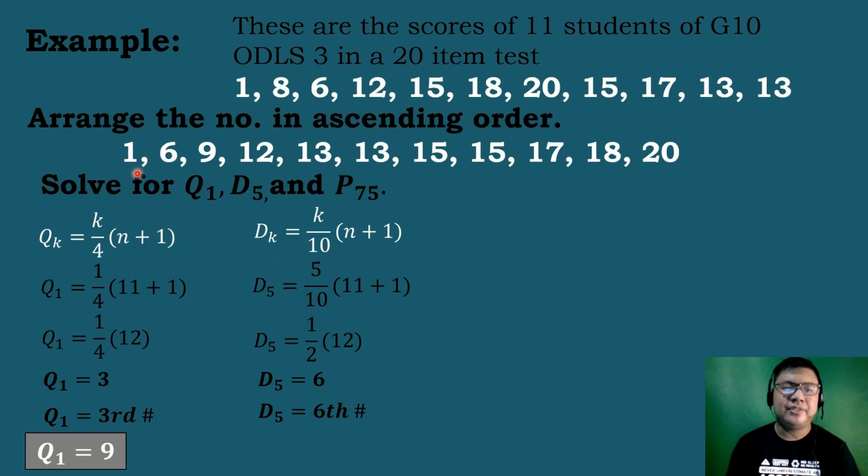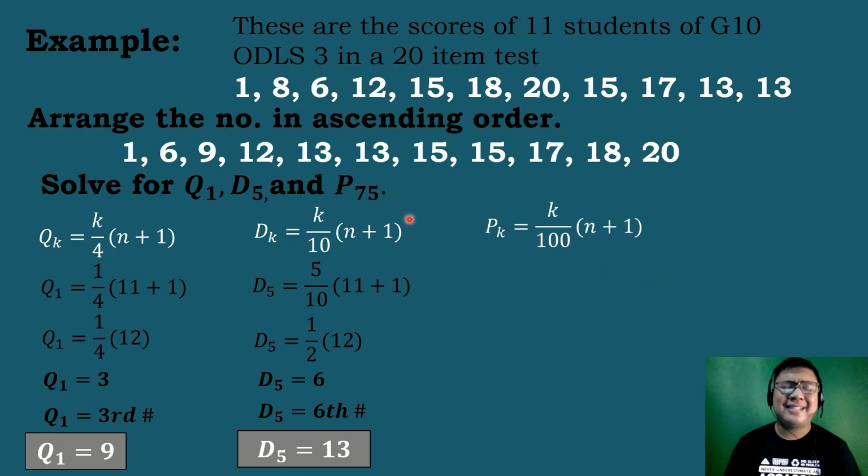This one will be the first number, second, third, fourth, fifth, and the 6th number. Meaning to say the value of decile 5 is equal to 13. Therefore, 50% of the students has a score of less than or equal to 13.